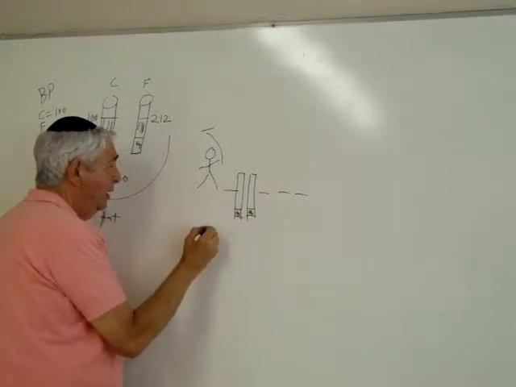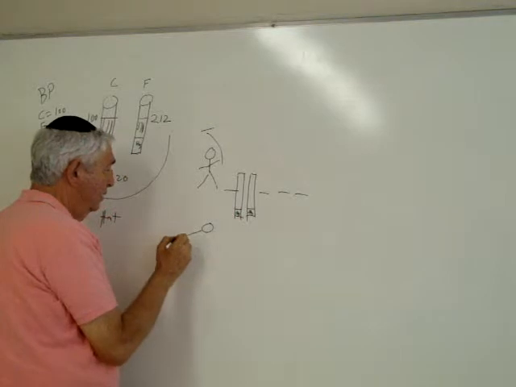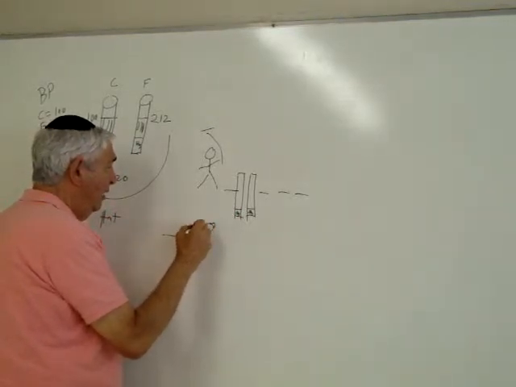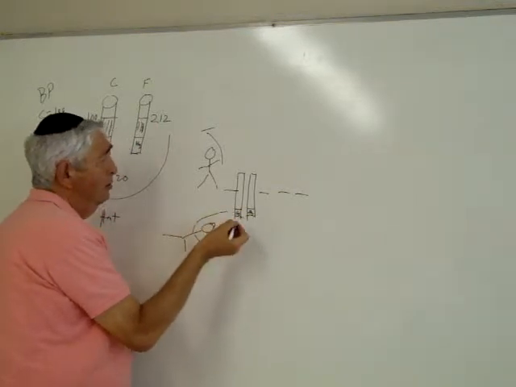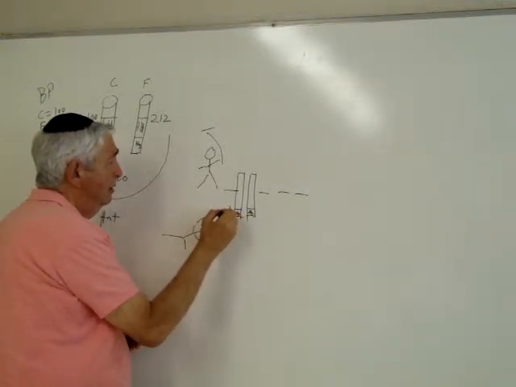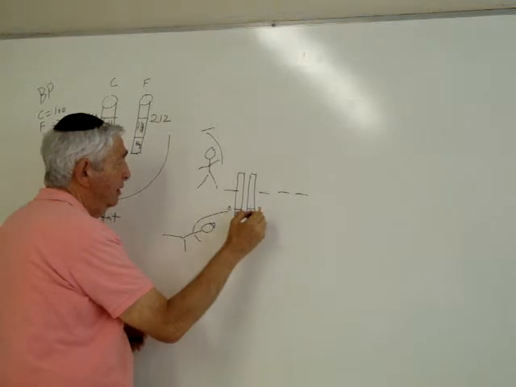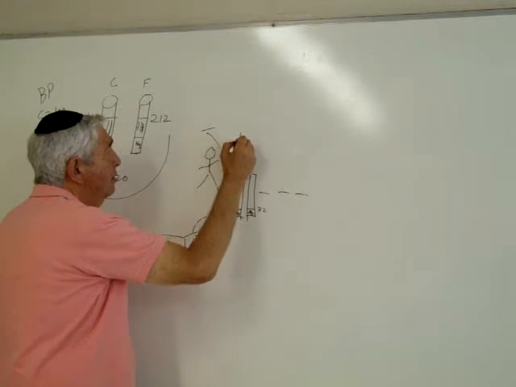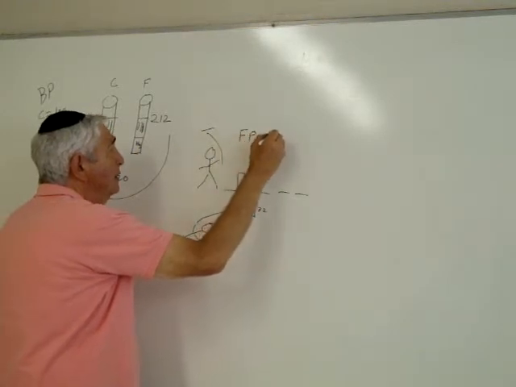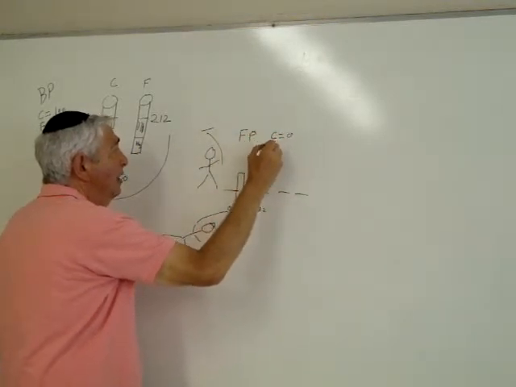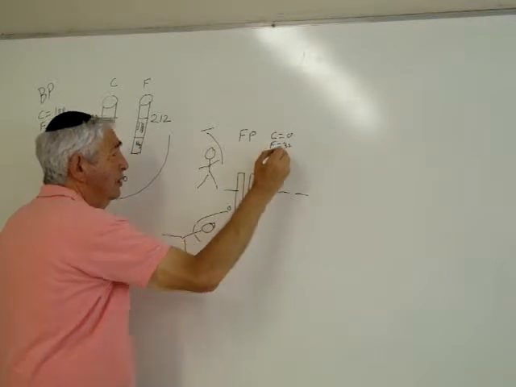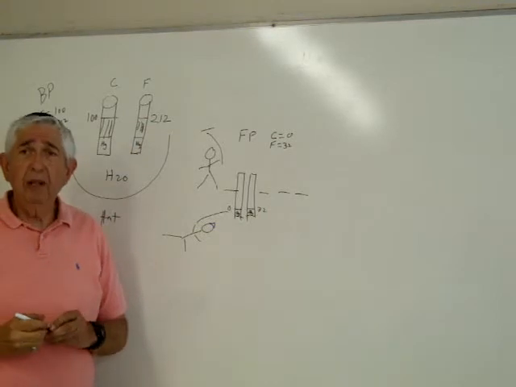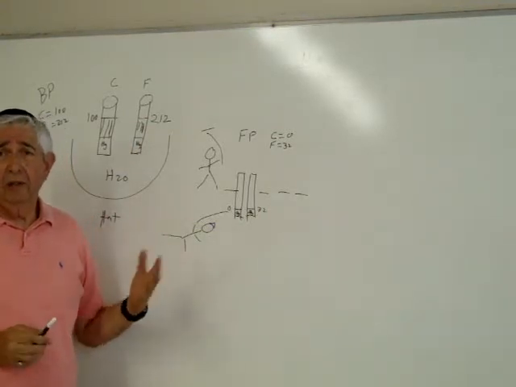Okay, so let's say I have a friend underwater, and the friend has some goggles, and the friend has a marker. And so it marks this tube 0 and marks this tube 32. Alright, so now we have 2 points. This is the freezing point, where Celsius is equal to 0, Fahrenheit is equal to 32. Okay, so we have 2 distinct points, the boiling point of water and the freezing point of water.